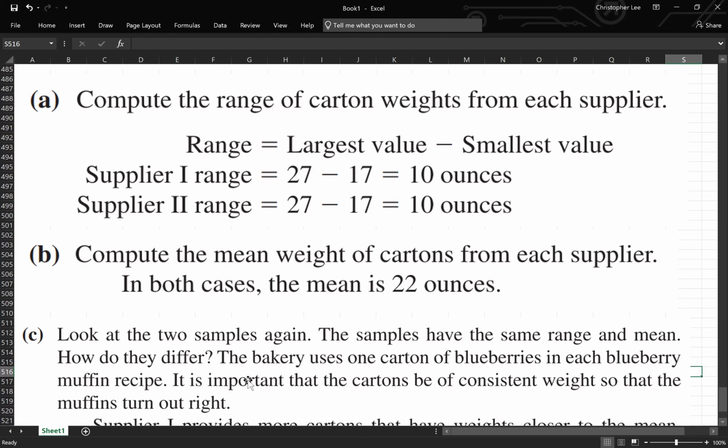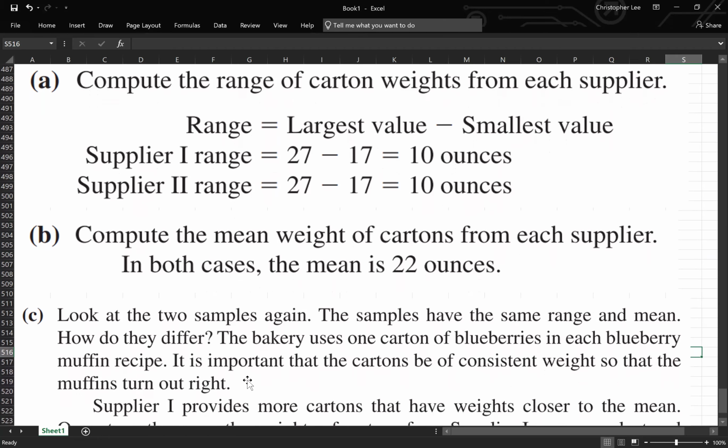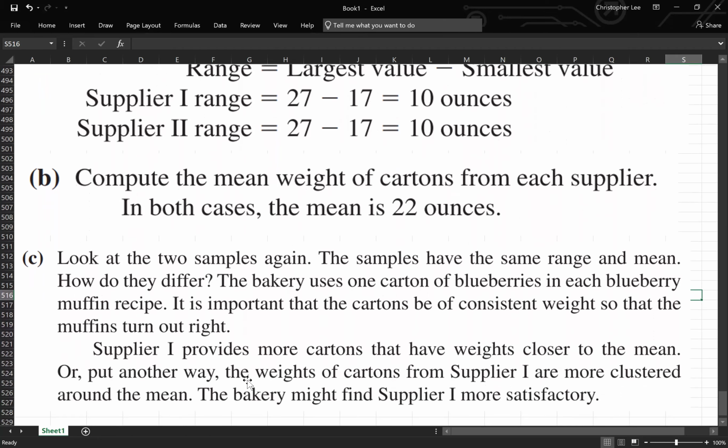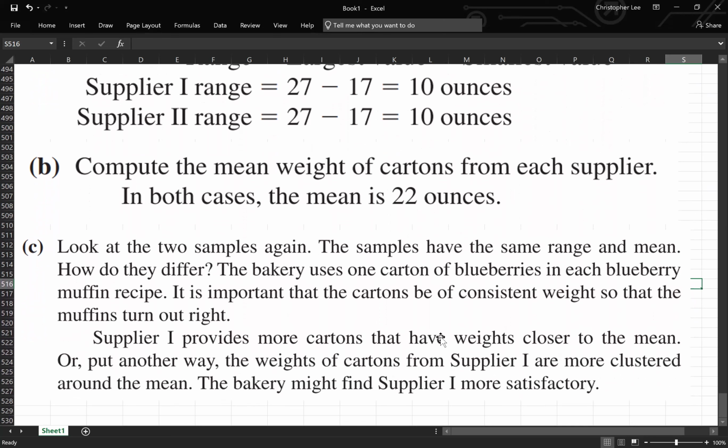All right, it is important that the cartons be consistent weights so that the muffins turn out right. Supplier one provides more cartons that have weights closer to the mean, or put another way, the weights of the cartons from supplier one are more clustered around the mean.